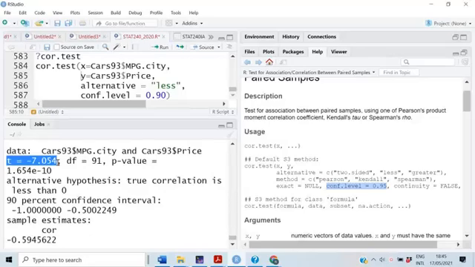So one way to do this is that here my critical region is: reject H naught if T is less than minus t with n minus 2 degrees of freedom at alpha. This is it. Because it's not two-sided. If it was two-sided, I would have divided this by what? Alpha over 2, or divided by 2.